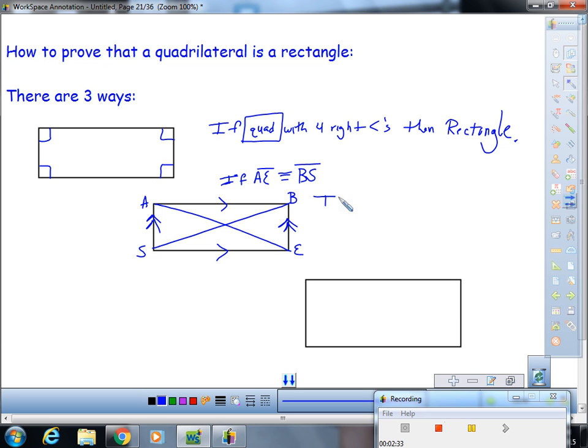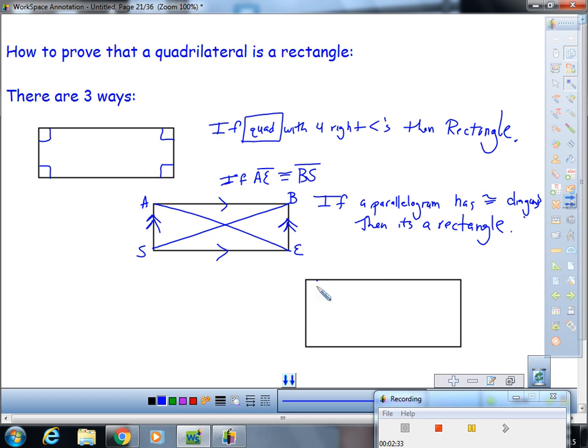So, if a parallelogram has congruent diagonals, then it's a rectangle. You have to also prove that it's a parallelogram first. Otherwise, it could be an isosceles trapezoid.